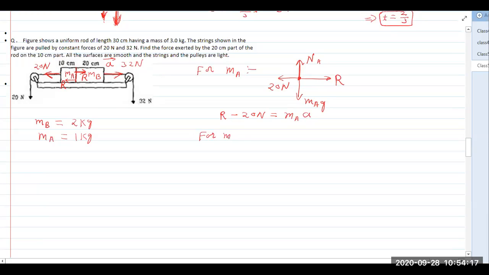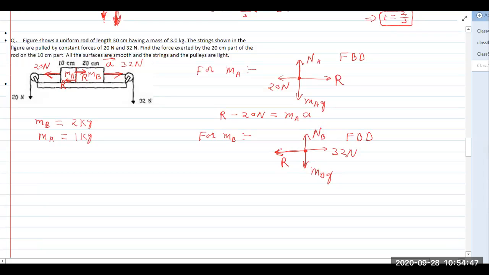Next, we write for MB. The free body diagram for MB has the 32 Newton force rightward, then the reaction force R acting backward on MB, then the weight MBG, and the normal force NB from the ground.